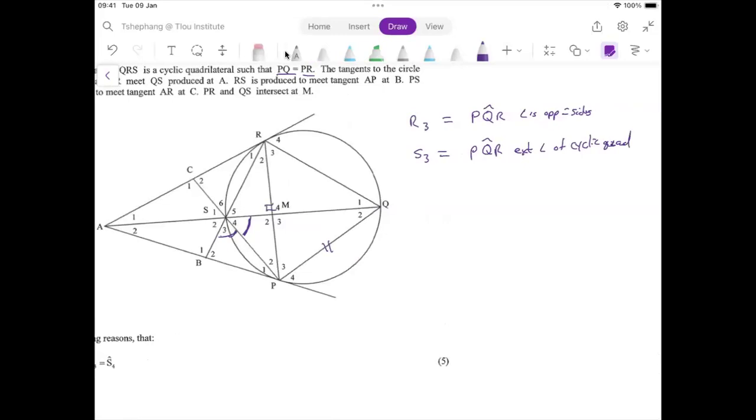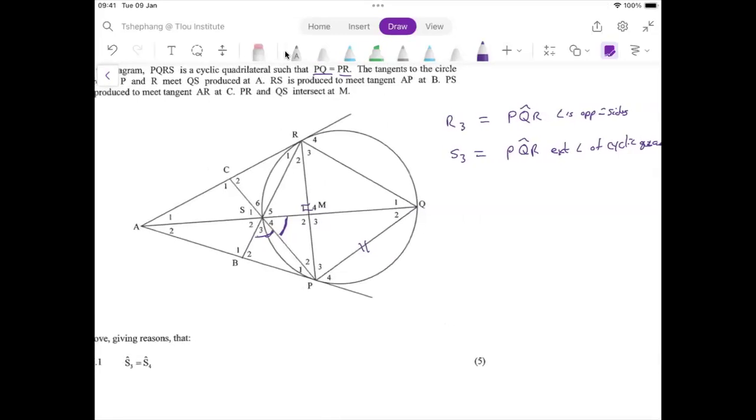Hope we're all together there. Now we can conclude that because they're equal to PQR, I can say S3 is equal to R3.